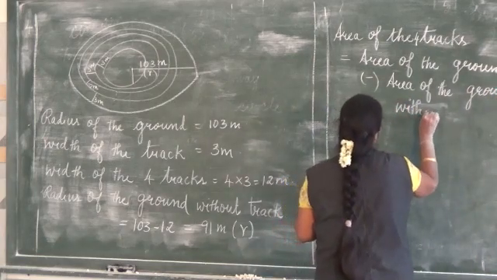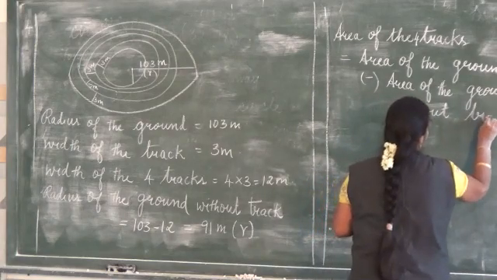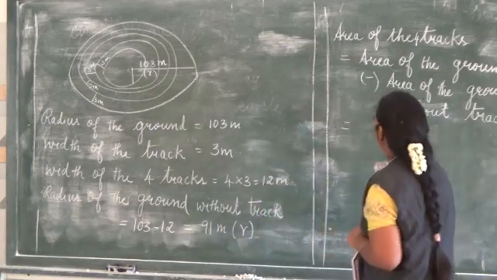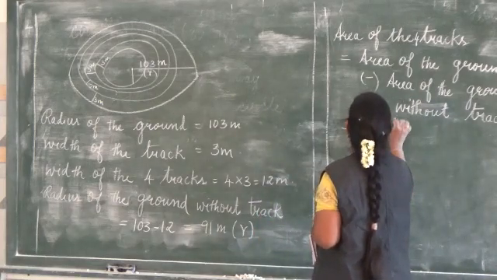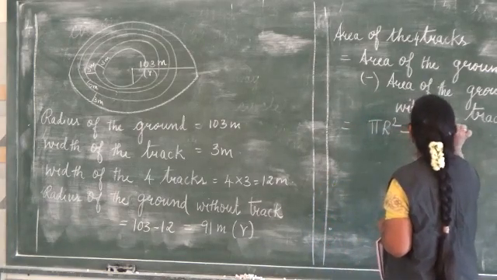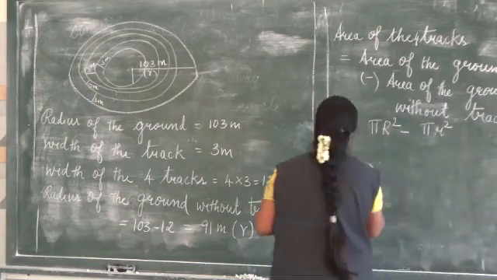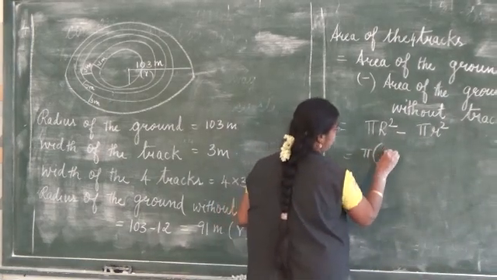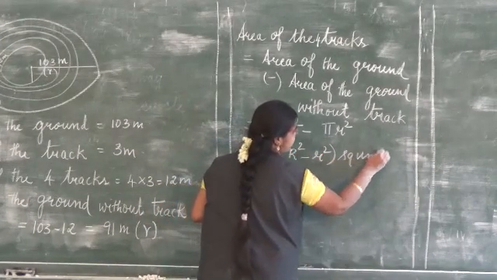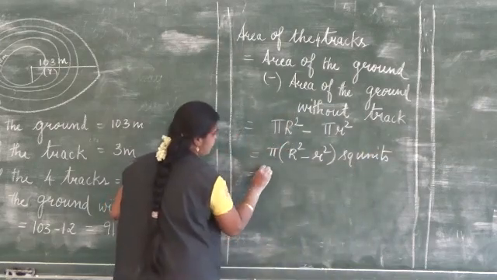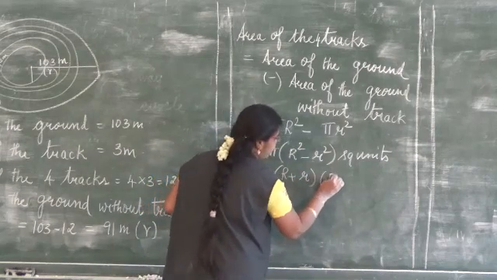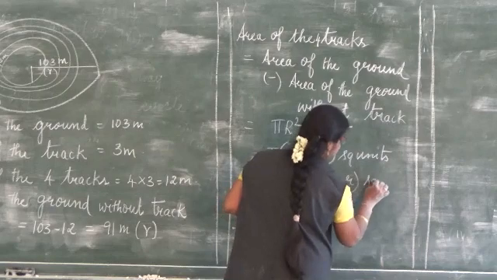So this is equal to area of the ground, pi R square, minus area of the ground without the track, pi r square. So this is equal to, we can take pi into R square minus r square square units. So this is equal to pi into R plus r into R minus r square units.